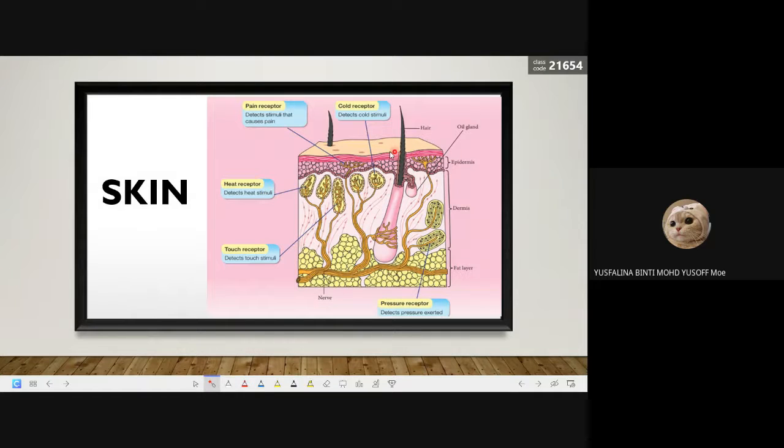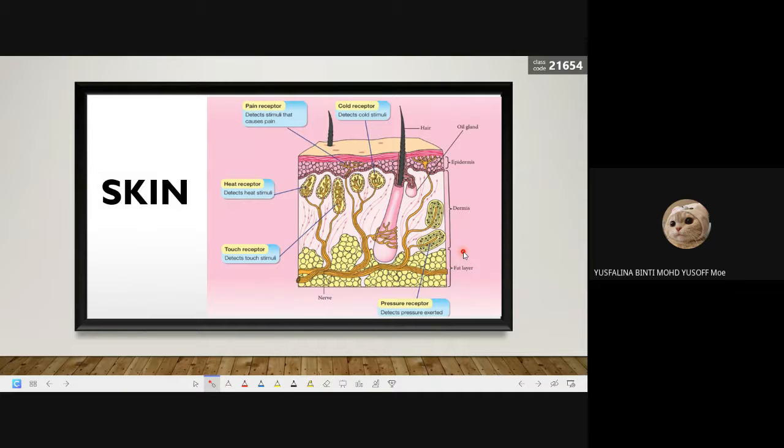Here, from here to here, this part is called the dermis. And at the bottom here is a fat layer. So this is the epidermis, this is the dermis, and the last one is the fat layer.